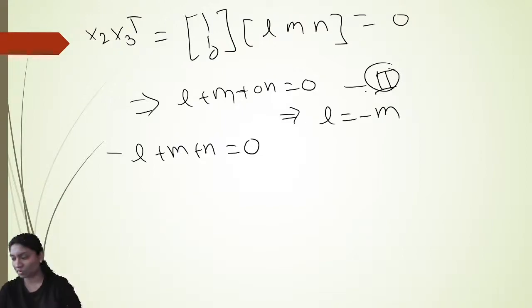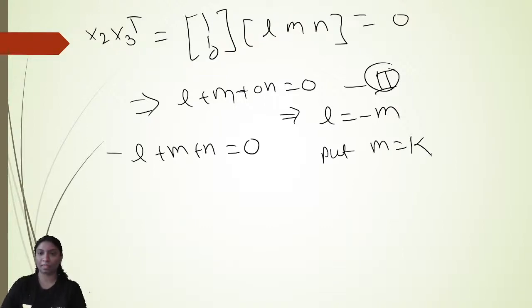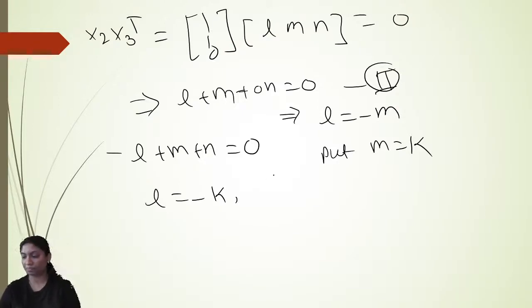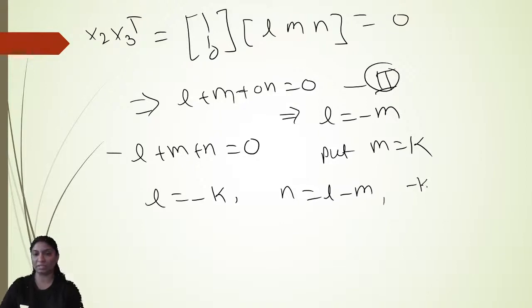Put M is equal to k. So you will get L is equal to minus k, and N is equal to L minus M, so you will get minus k minus k, minus 2k.